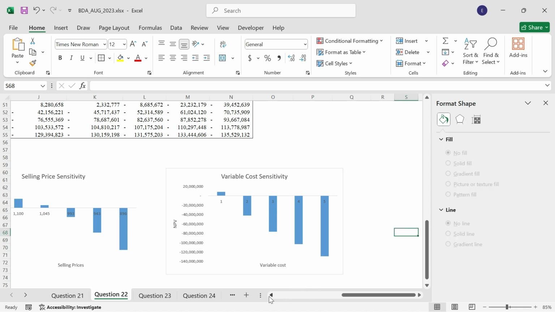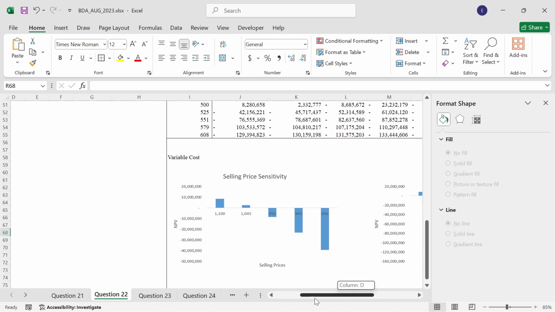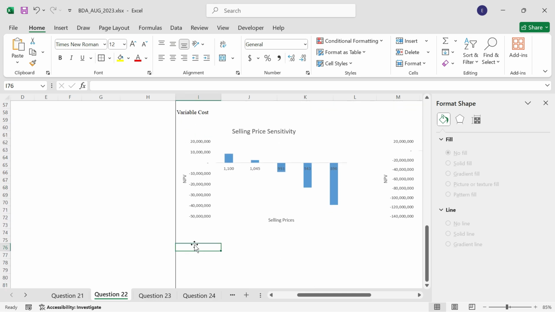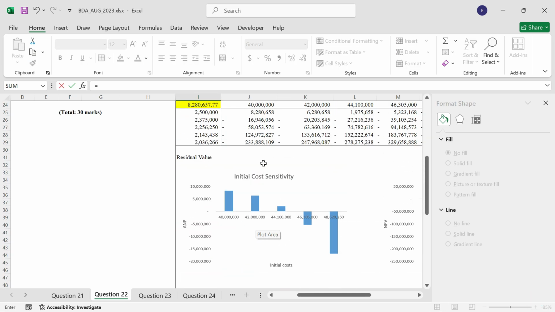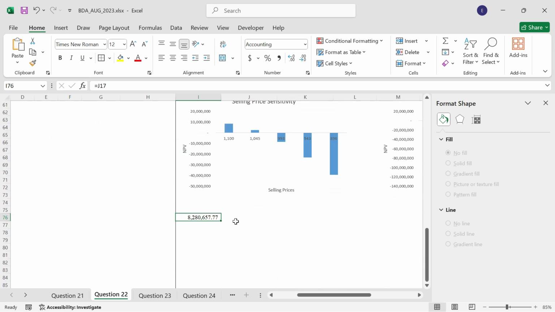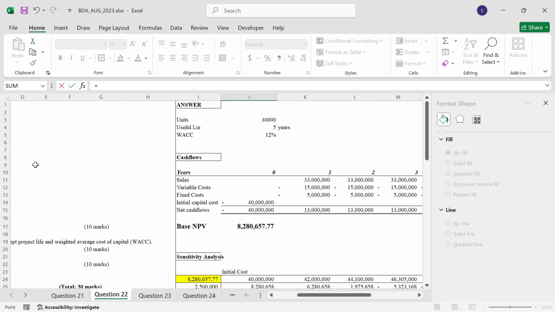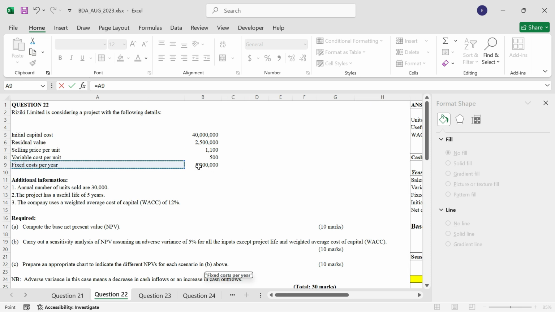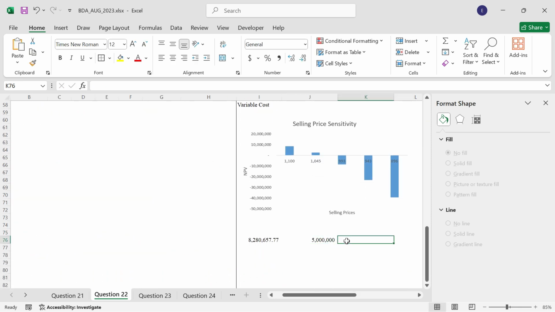And so finally, I can sensitize my NPV with my fixed costs, which are 5 million, and adversity is an increase.